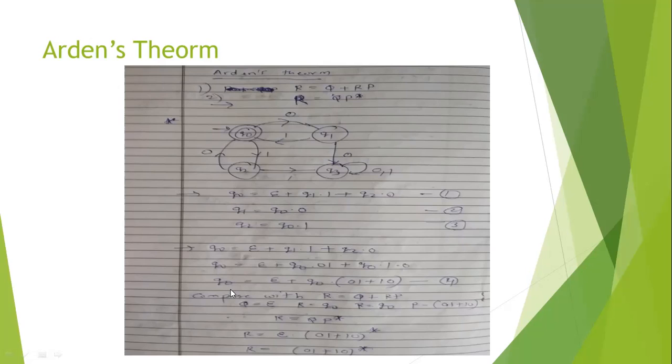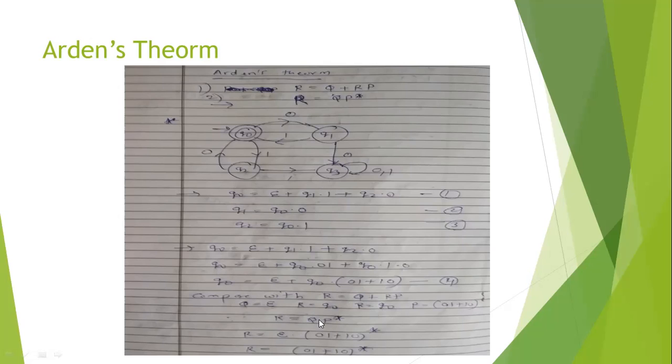So what is the equation for the final Arden's theorem? That is R is equal to QP star. By comparing this equation with R is equal to Q plus RP, we derived the different values of Q, R, and P.